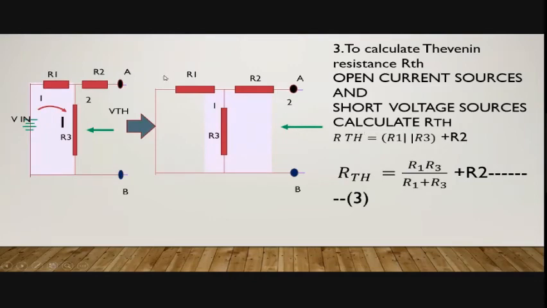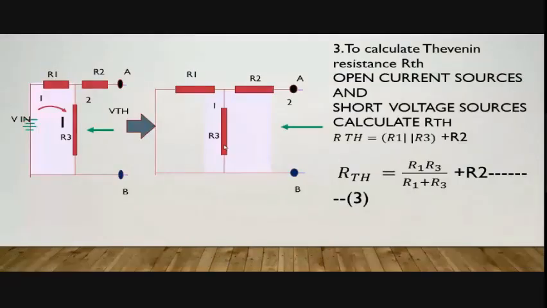Now see, when you are calculating the resistance, look in loop 1. In loop 1, you have two resistors R1 and R3, and both of them are connected in parallel. Then what is their equivalent resistance?